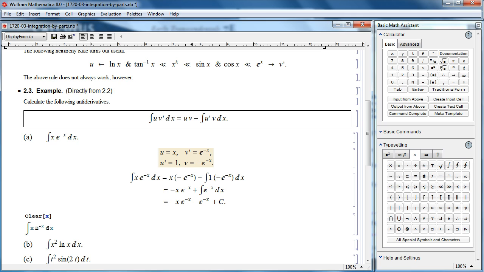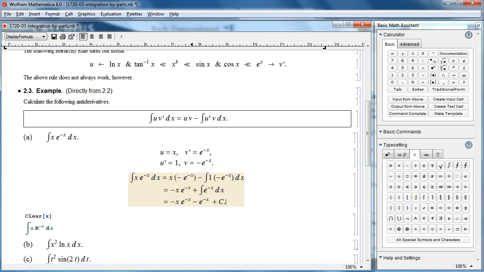Yes, we are ready. u times v, so cross multiply, x times negative e to the negative x, that's u times v. And then u prime v, so 1 times e to the negative x. And then after simplification, we get this integral of this exponential function, which is a much easier integral than the original. So in the end, we have this.